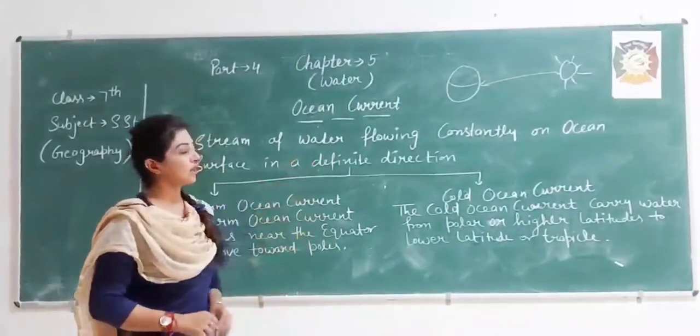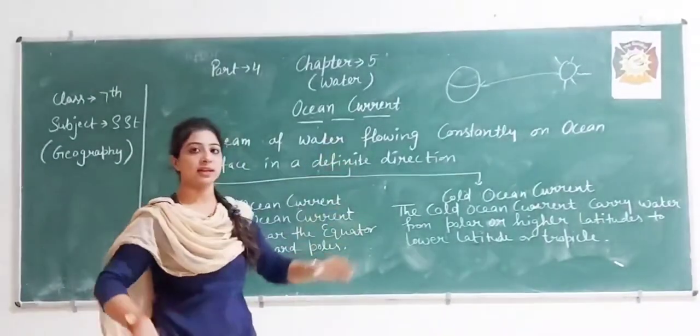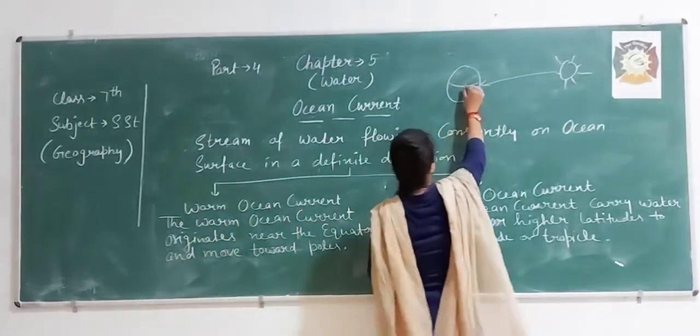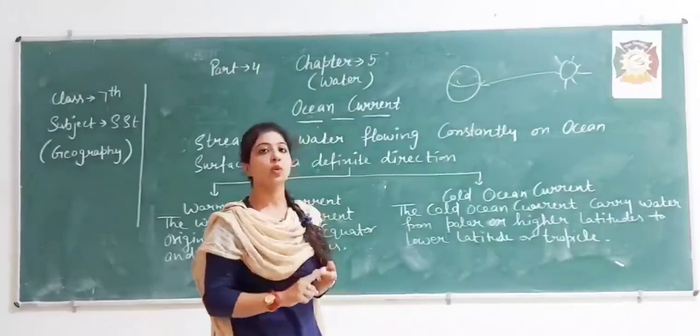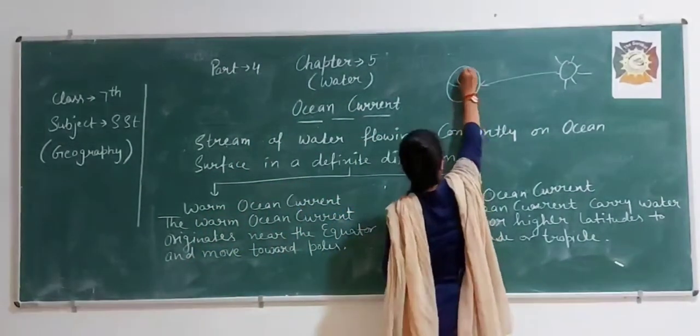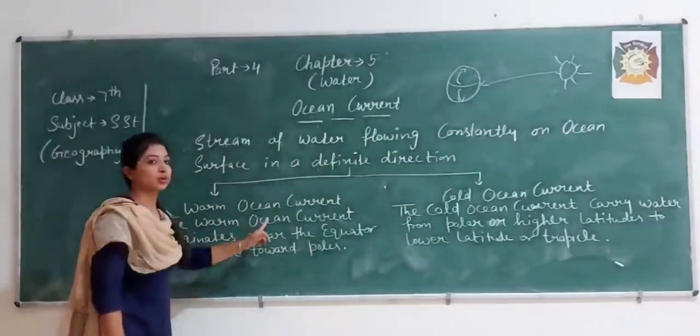Because sun rays directly affect the equator, the water in that area will warm. Okay, and after warming, the current which originates here is called warm ocean current, and that will move toward the poles.